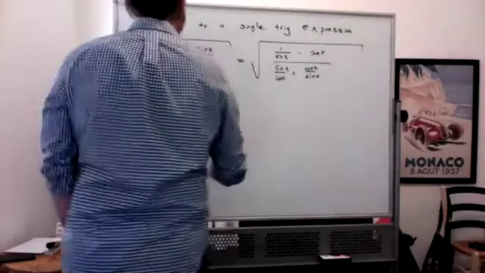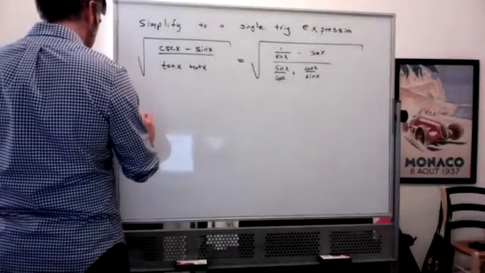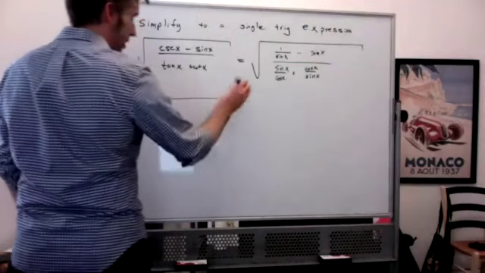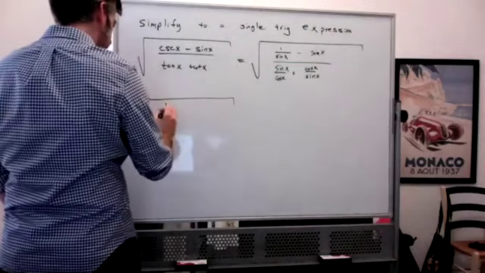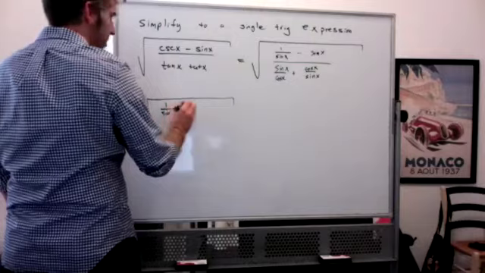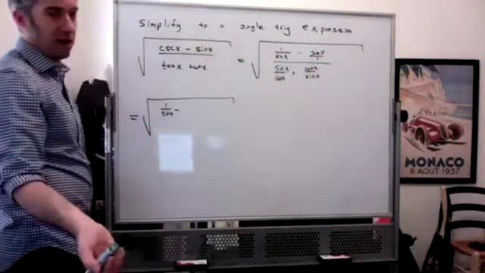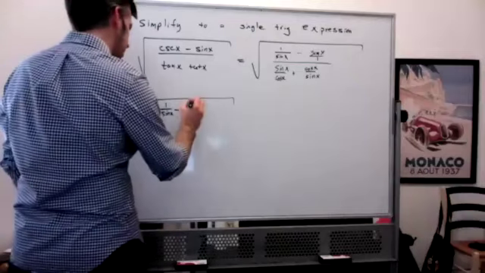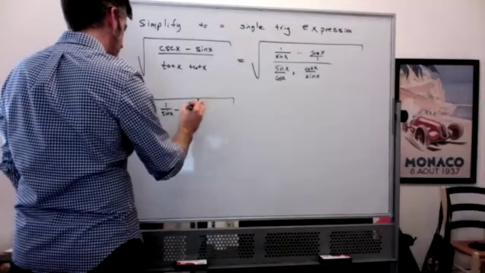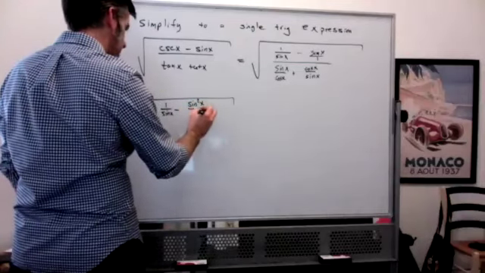So I'm going to get common denominators in the numerator and the denominator. I've got 1/sine minus, I'm going to multiply this, which is sine x over 1, by sine over sine to get sine squared x over sine x.